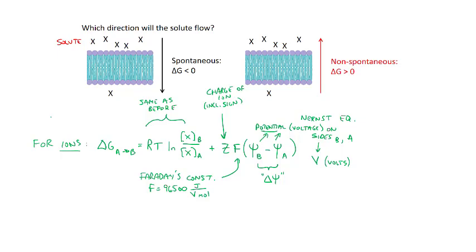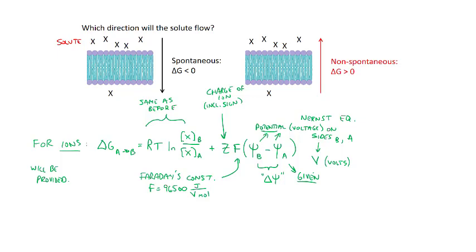So you do not need to memorize the Nernst equation. This will be provided. And typically the membrane potentials on either side of the lipid bilayer are going to be given to you. There are ways that it can be measured, but it's very complicated and it's really outside the scope of this class. So for any problem I give you, you'll just be provided with the delta psi.